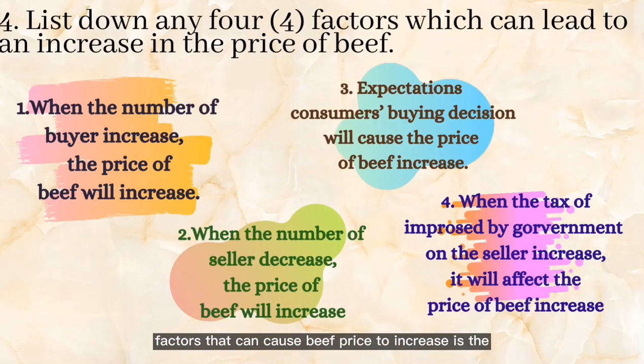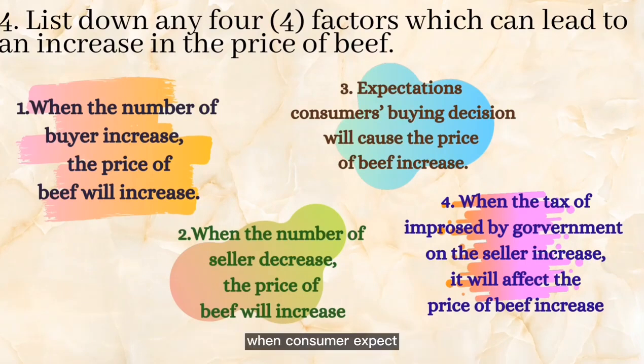Besides, another factor that can cause beef price to increase is the expectation of consumer buying decision. When consumers expect their income to increase, the demand of beef will increase and the demand curve will shift rightward.